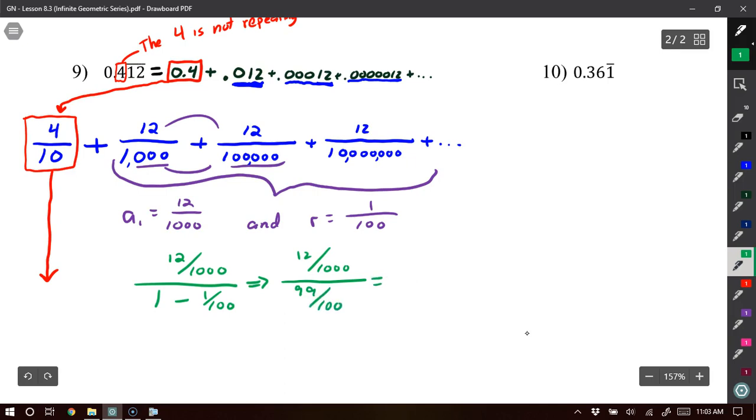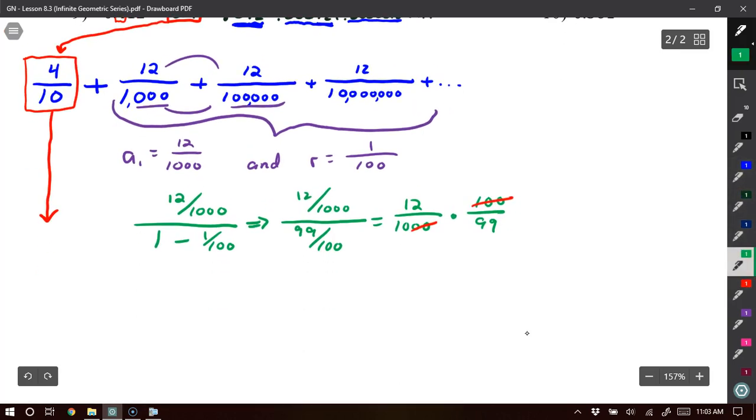Here we are, dividing by fractions again. So I'm going to keep the numerator and flip the denominator, 100 on top, 99 on bottom, and then multiply. Well, in this case, 100 is going to cancel out 2 zeros on the bottom. And so I am going to have, just from this purple part, 12 over 990.